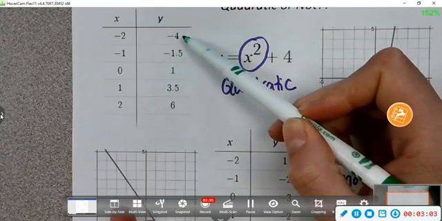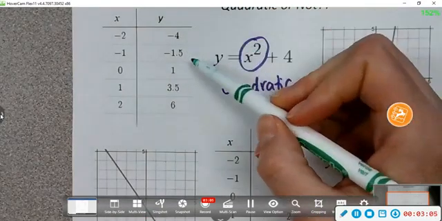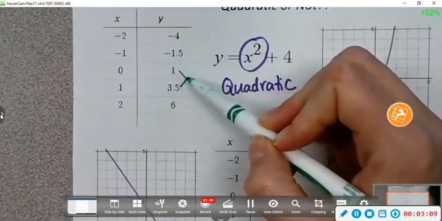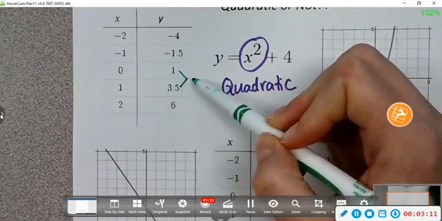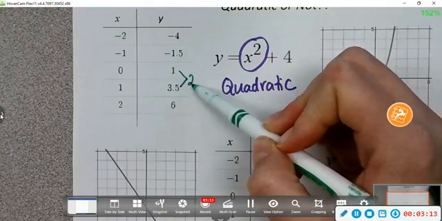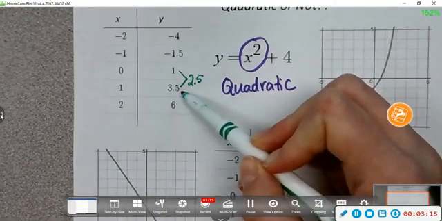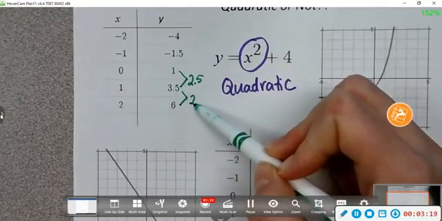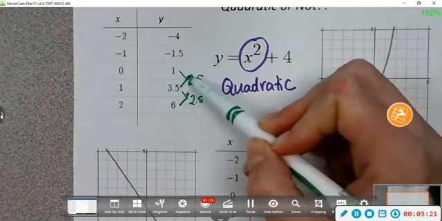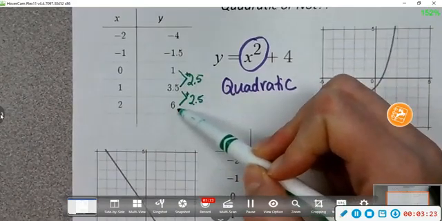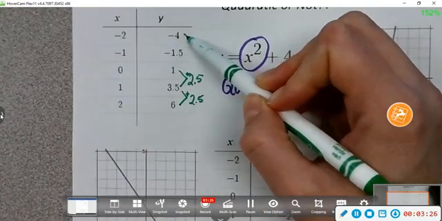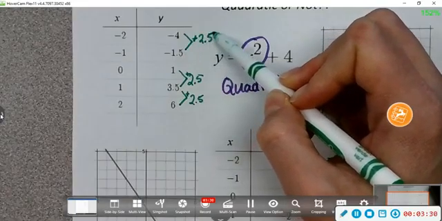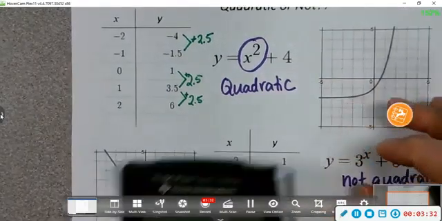However, if I look carefully here, it's very easy to see that the space between the 1 and the 3.5 is 2.5. And if we take 3.5 and add 2.5 again, we get 6. If we go backwards, -4 plus 2.5 is also going to be -1.5.